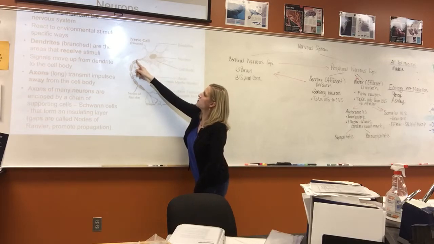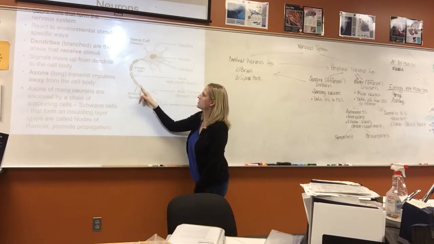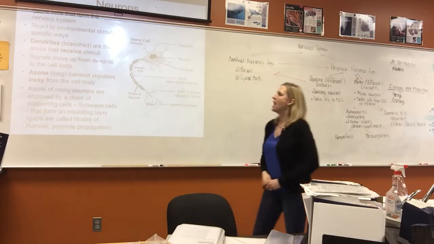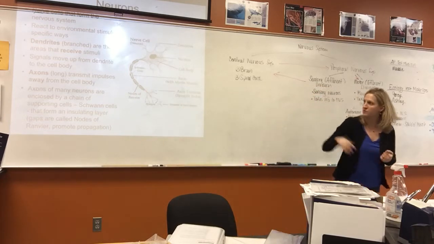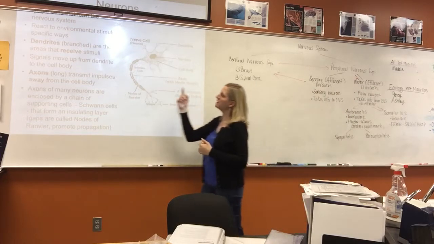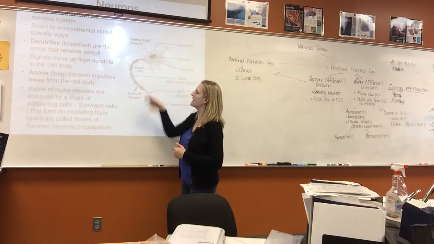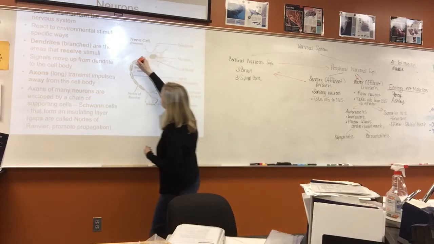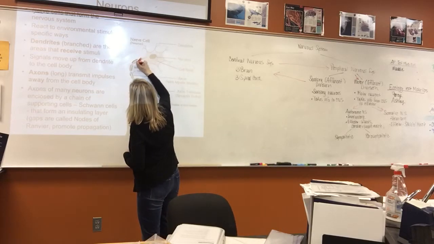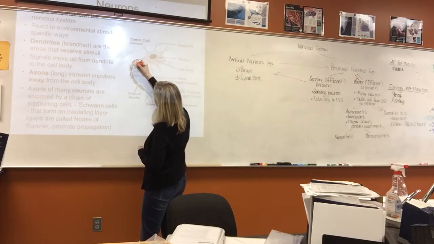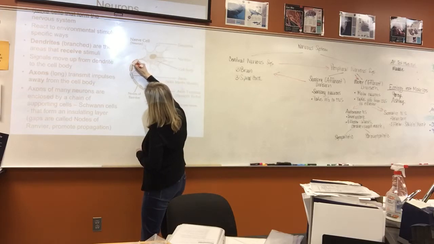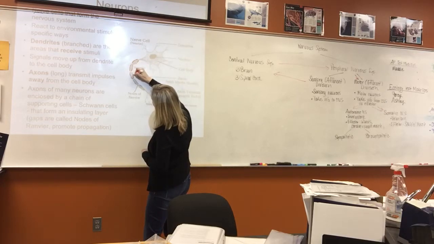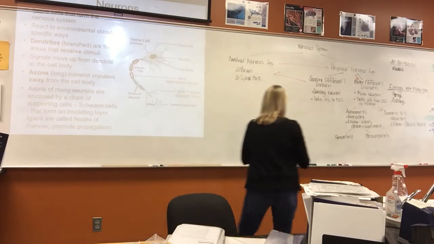Now, a lot of neurons have what are called Schwann cells. Schwann cells, we're going to see, make myelin, which forms an insulating layer. And so if we look at this, this is one Schwann cell around the axon. So here's the axon here, and the Schwann cell.